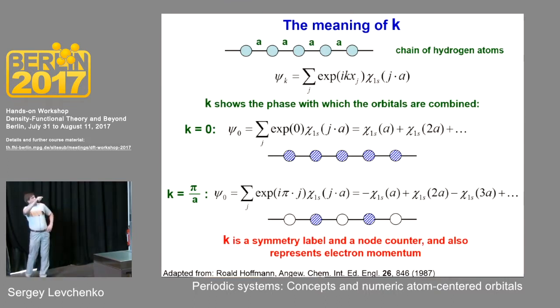So this k is actually a symmetry label for our electronic states and a node counter. It shows how many nodes the wave function has, and as a consequence, since the wave function should change sign here, the curvature of this wave function would be higher, and this means a higher electron momentum. So this is the meaning of k.